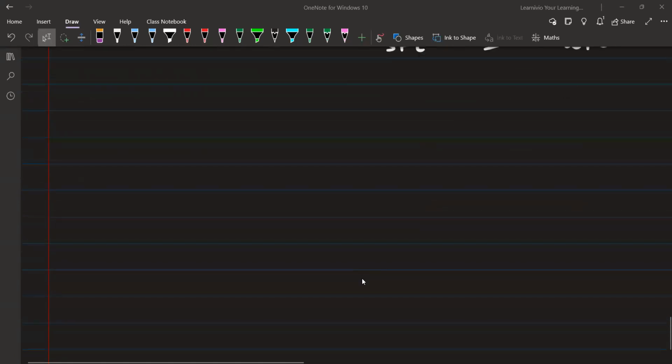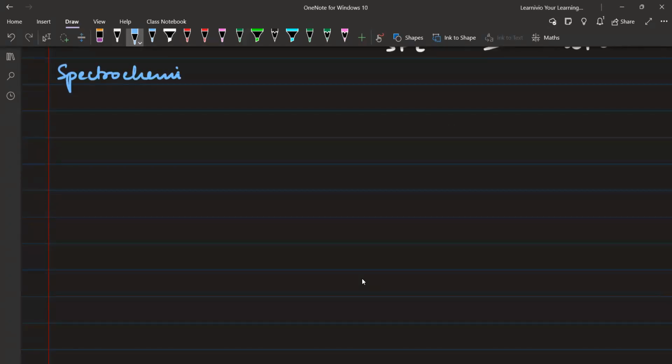Now, right next, the spectrochemical series. How this particular series is made depends on the kind of light which is absorbed by the particular metal and so on.